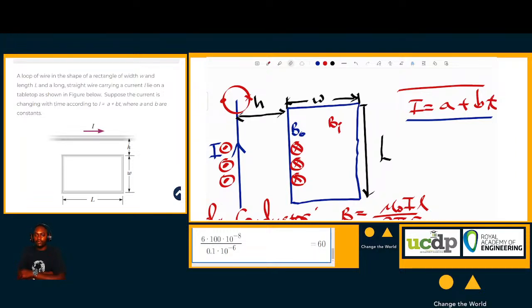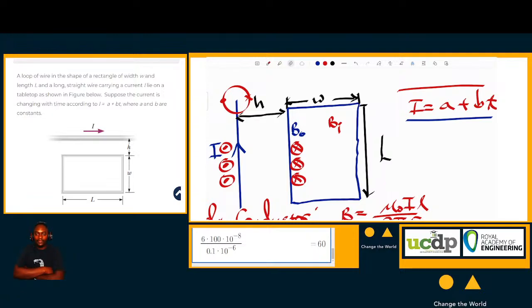The magnetic field of the straight conductor is increasing. Why? Because current is increasing, and because current is increasing, the magnetic field strength is increasing. Therefore, flux is increasing.